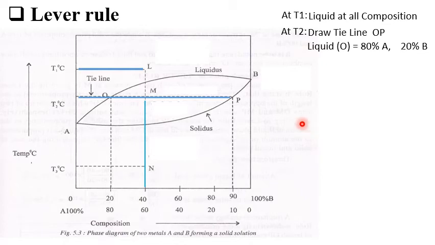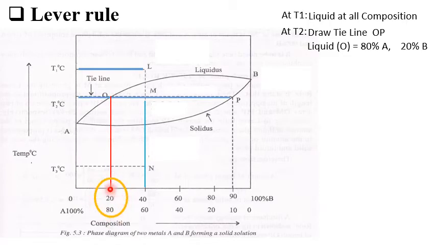Now if I ask what is the composition of the liquid, because between O and P the phases present are two, one liquid and one solid, here we need to know in the liquid what is the percentage of A and B. In order to know that, at the intersection of the liquidus line you drop a vertical line downward, which will give us some percentage.